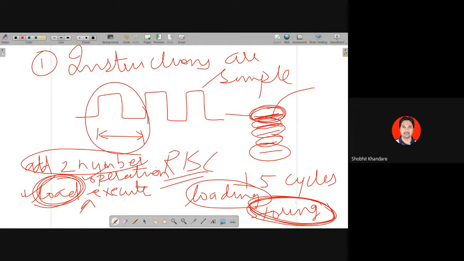Now to load and to make the operation, you require separate instructions. That is also the meaning of simple. सिंपल का मतलब ये होता है लोड करने के लिए एक अलग इंस्ट्रक्शन, ऑपरेशन करने के लिए एक अलग इंस्ट्रक्शन, बाद में अगर मुझे वो रिजल्ट मेमोरी में स्टोर करना है उसके लिए अलग इंस्ट्रक्शन.